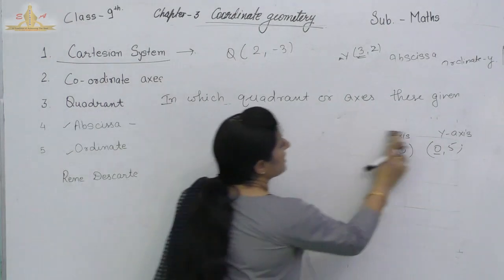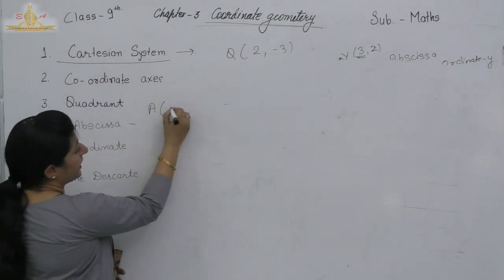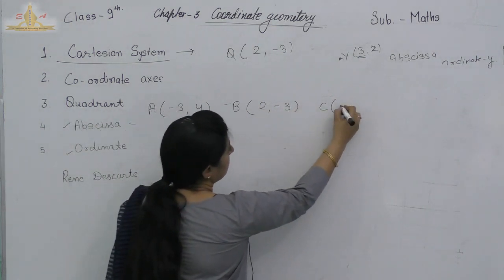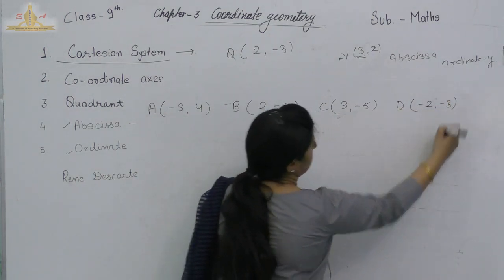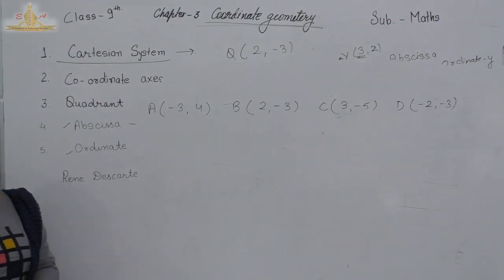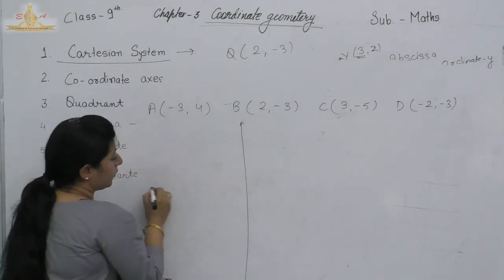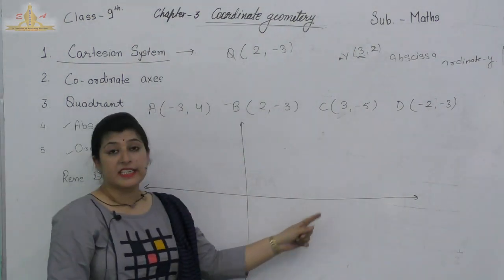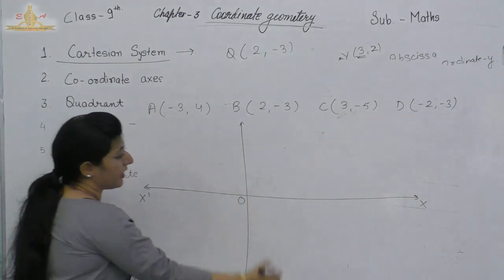Now we take some examples. Plot the points that are given to you on the Cartesian plane. See here, firstly we make two perpendicular axes. Already we said this horizontal axis is called the x-axis, so we show it by x dash.